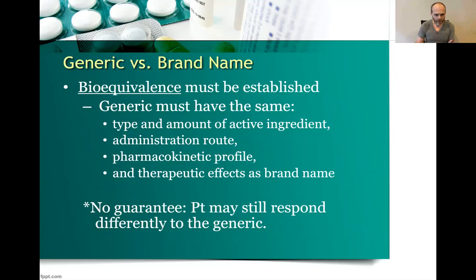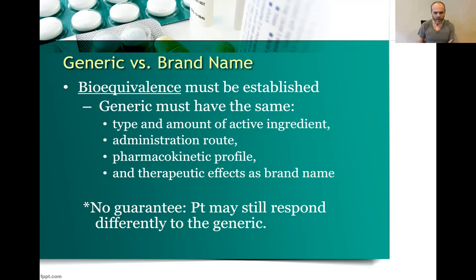Let's see, generic versus brand name. What always happens with a new drug is that a pharmaceutical company will make a new drug and patent it, and then that drug has a generic name.